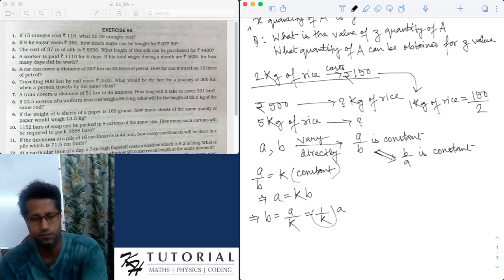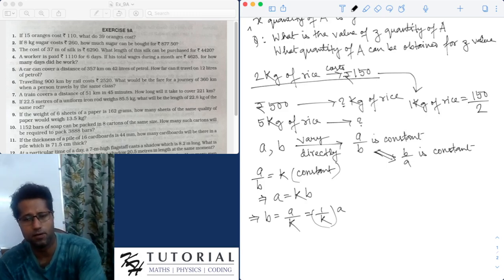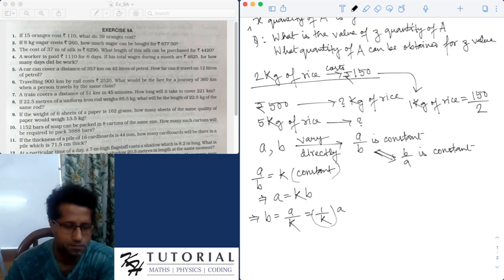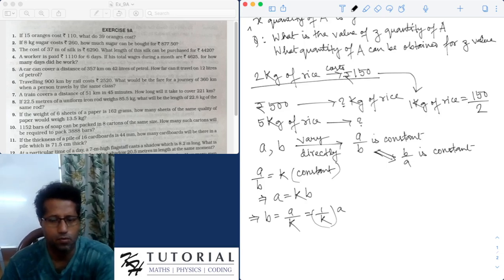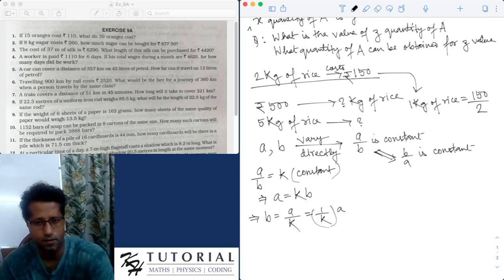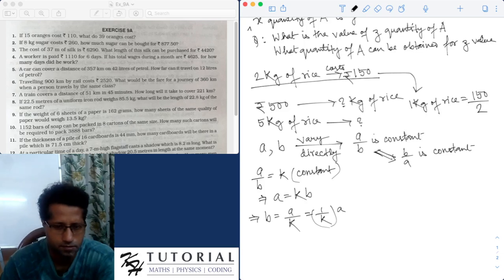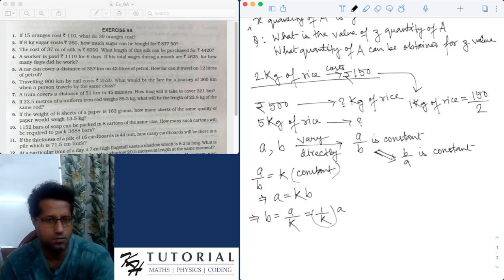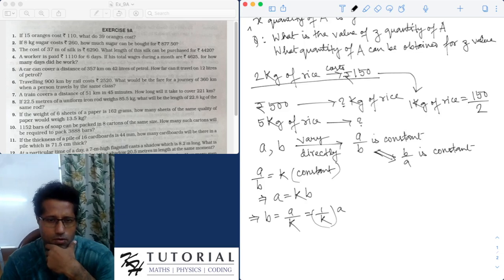By price being fixed, I mean its rate, that is the cost per kg, is fixed. So if 1 kg of rice costs 50 rupees, 2 kg of rice will cost 100 rupees. If you buy 3 kg of that rice, it will cost 150 rupees. So if you are increasing the amount of rice, the cost is increasing.